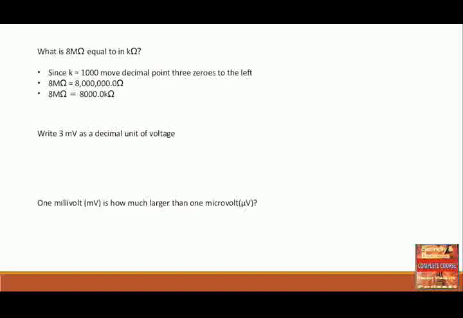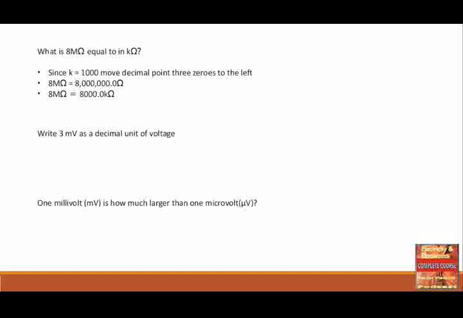That is 8 followed by 6 zeros. The decimal point is after the 6 zeros, so you move it back to the left 3 places. That will leave you with 8,000 kilohms. So there are 8,000 kilohms in 8 million, or 8 megohms.